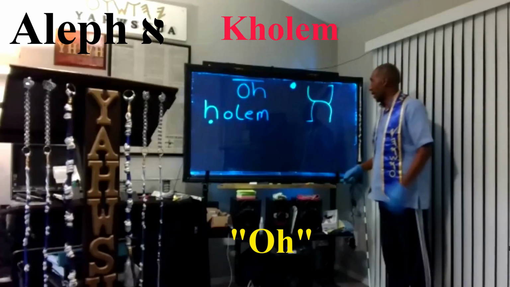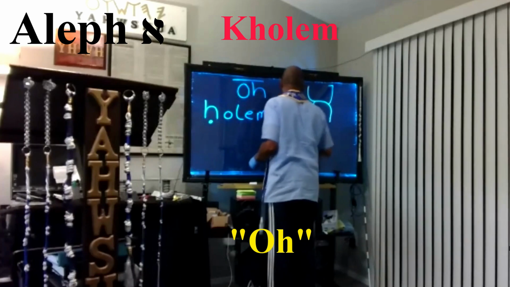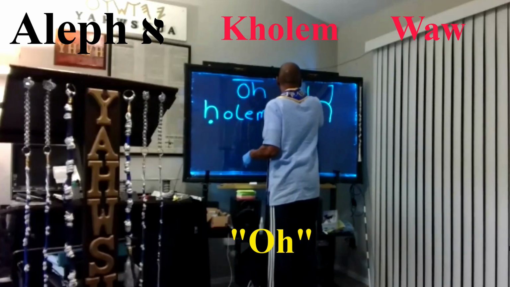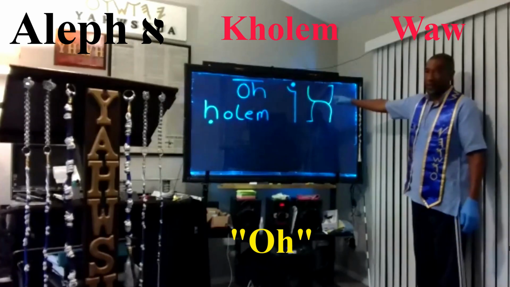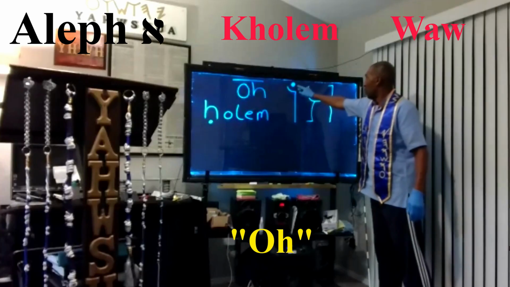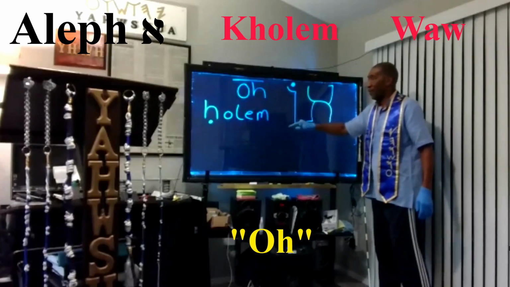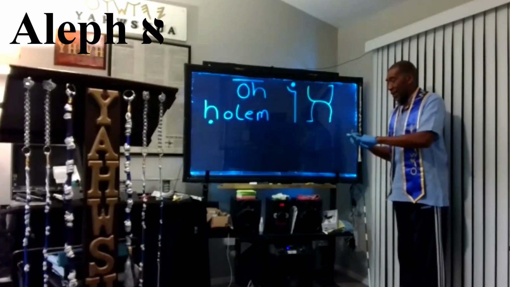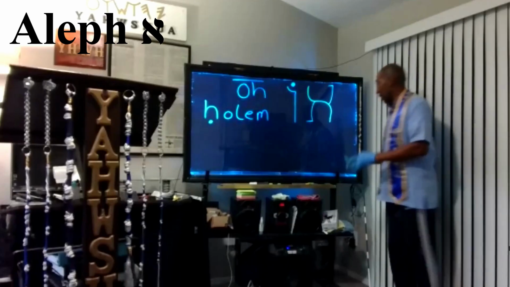Then you also have the cholem with a vav. The consonant with the vav with a dot on top will make a cholem. It also has the O sound. So we did kamets, sere, yod, hirek, yod, cholem, O.